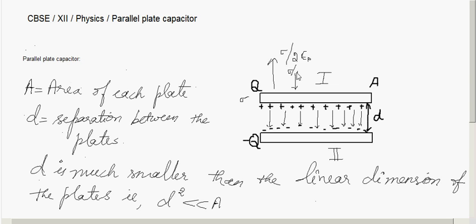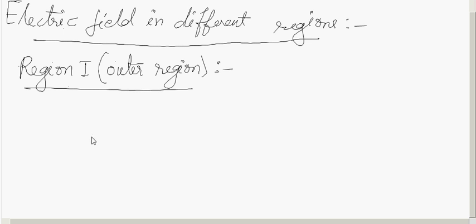Two equal and opposite fields give the net field as 0. The net field E is sigma by 2 epsilon naught minus sigma by 2 epsilon naught, equal to 0.